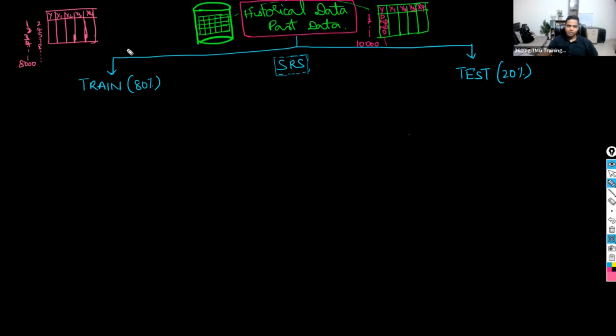And then you build your model. Building the model means learning the patterns between your output variable and your input variables. That is what building the model means.